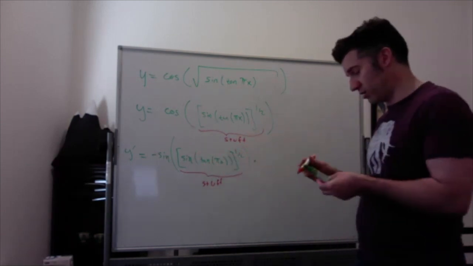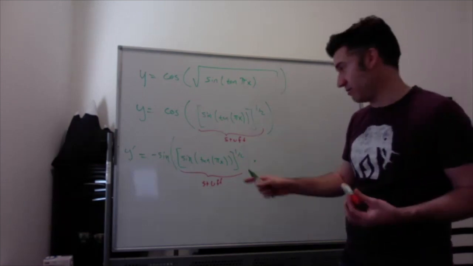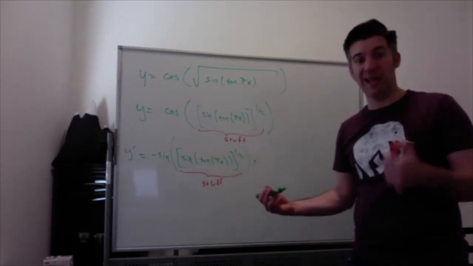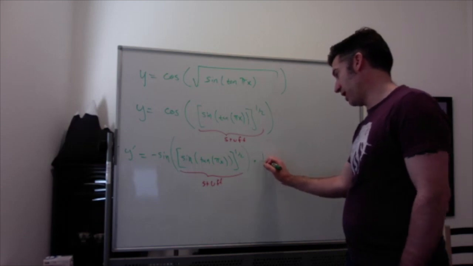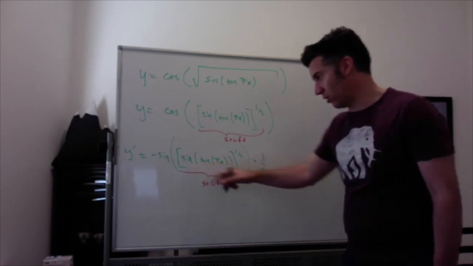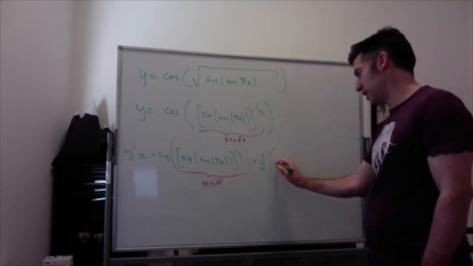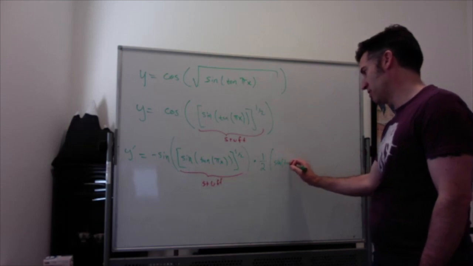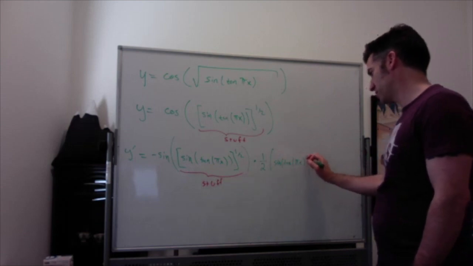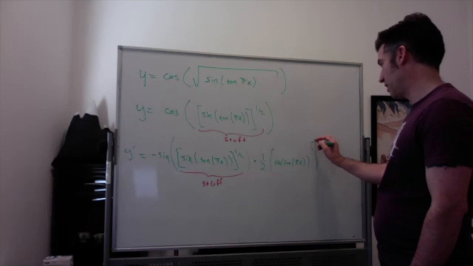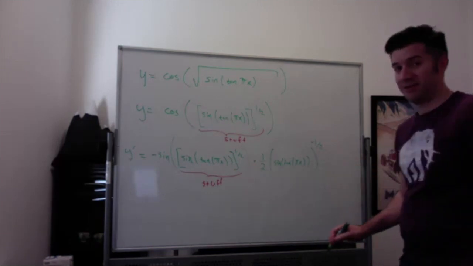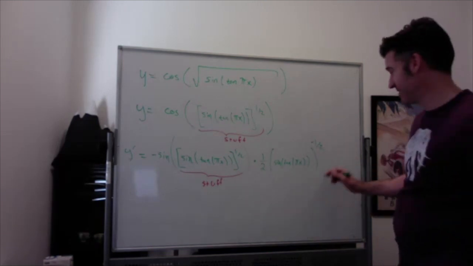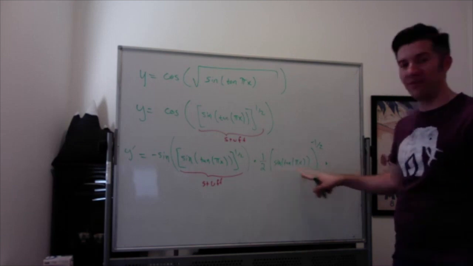So my derivative is going to be 1/2 times that new thing, sine of tangent of pi x, all to the negative 1/2, times the derivative of that new thing.